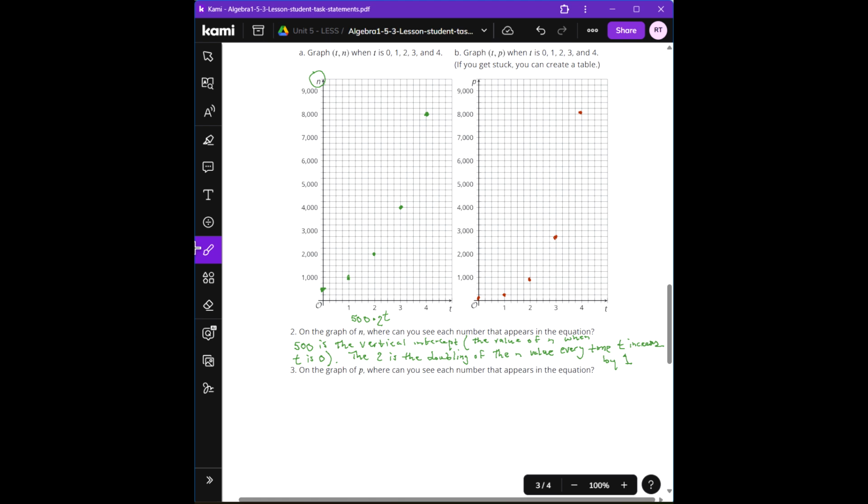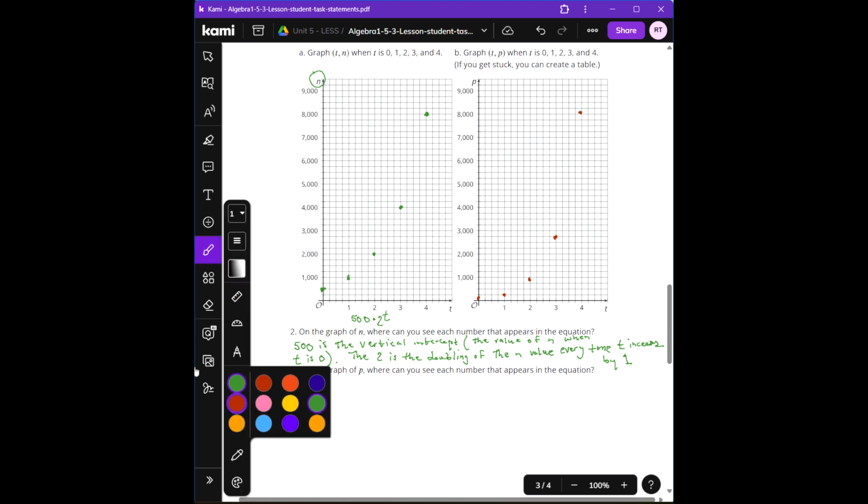Okay, on the graph of p, where can you see each number? All right, so 100 is the vertical intercept, or the value of p when t is 0.